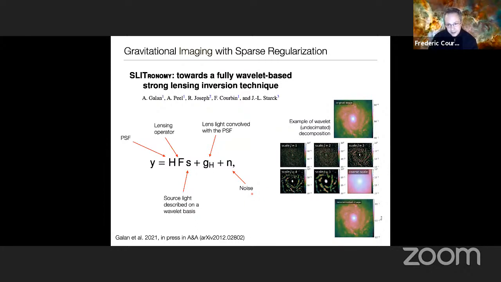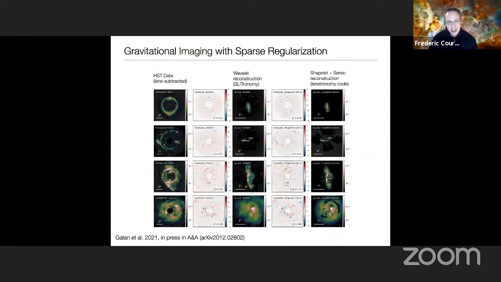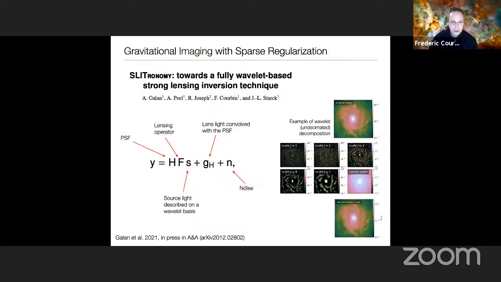So if we do this, that's the type of reconstruction. Sorry, I should come back here and say that in the first step, before solving this big problem, we just ignore this and work on data where the lens light has been subtracted. And in the first step, we assume that F is known.